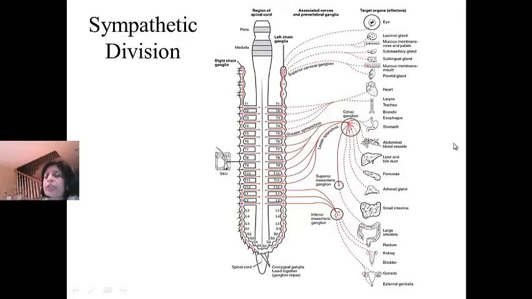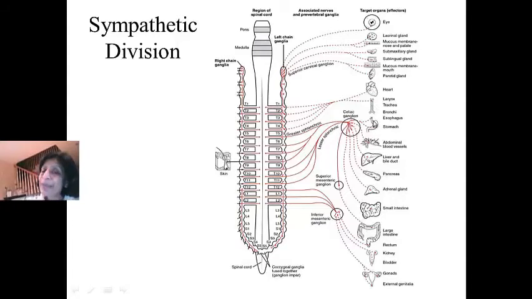What are the structures that are supplied by the sympathetic division? Most of the visceral structures. You're looking at the reproductive system here, then the digestive system, urinary system. You're looking at the large intestine, small intestine, adrenal gland, pancreas, liver, blood vessels, stomach. These are all in the abdominopelvic cavity.